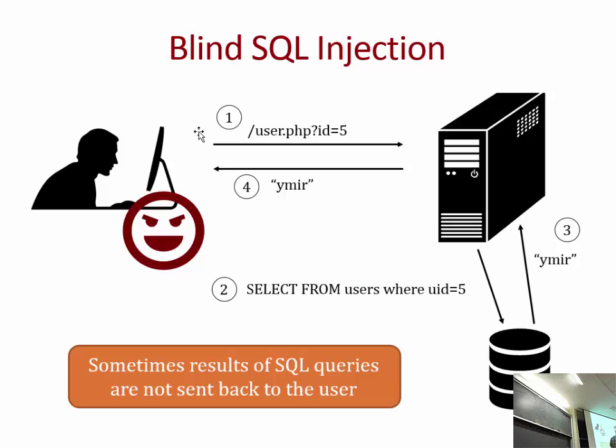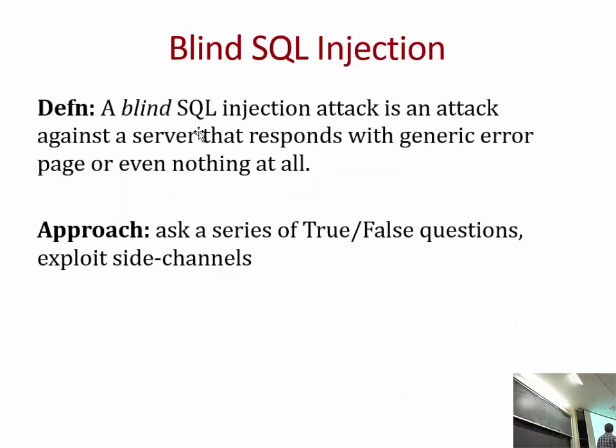So for instance, here's somebody authenticating. Hey, who's the user? Oh, it's Ymir. I'm going to do a select query and get it back. But suppose I don't get the results of the select query, and don't even get the error messages back. Then we're in the realm of blind SQL injection. We either get a generic error page that doesn't tell us anything, or even nothing at all.